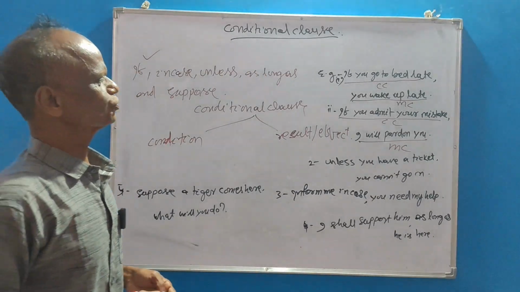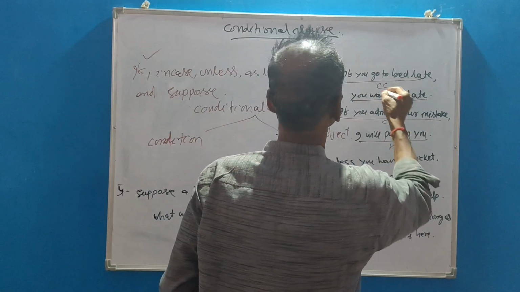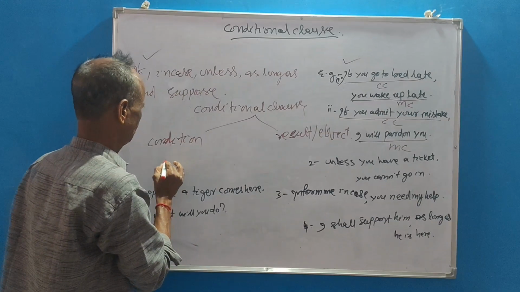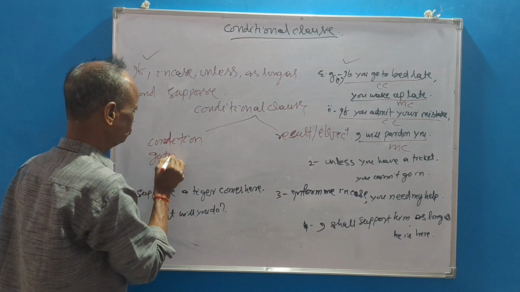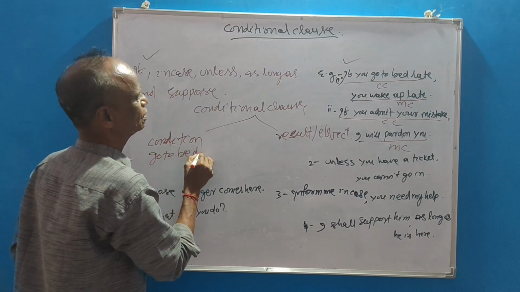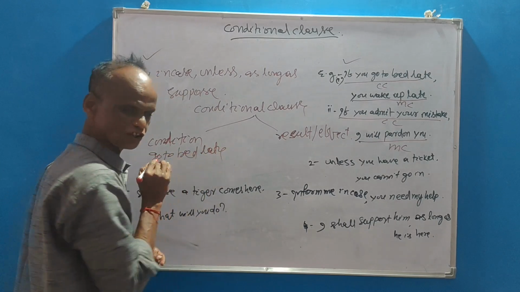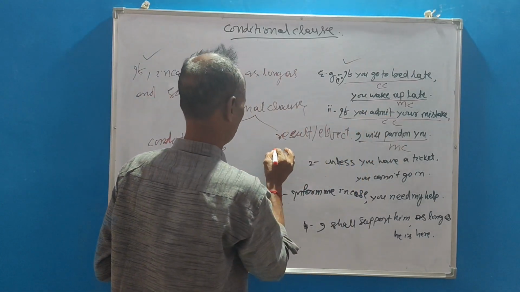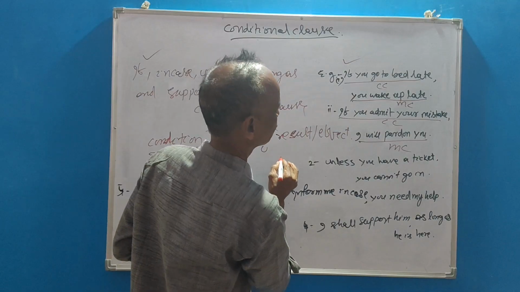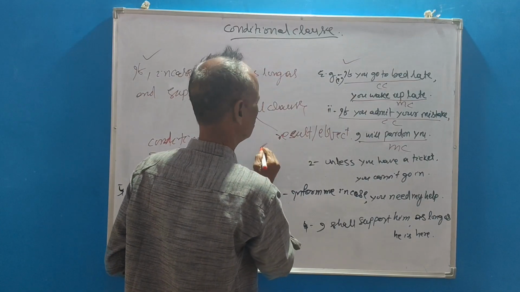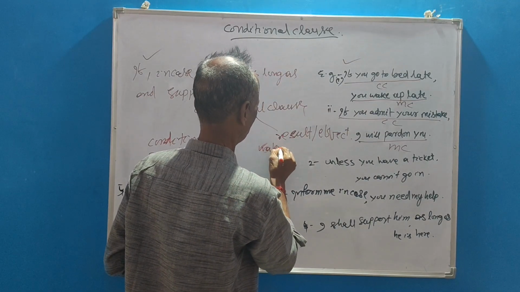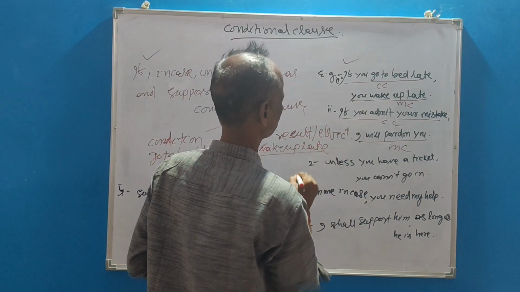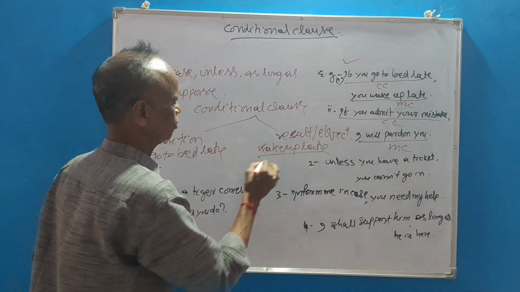So in the first example, go to bed late, condition, and wake up late, that is effect or result.